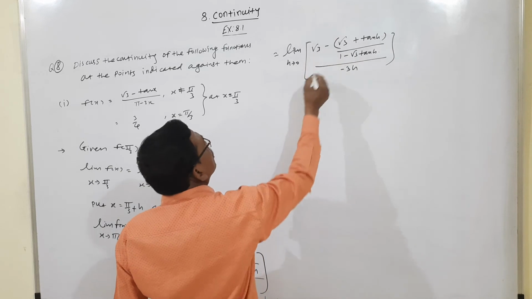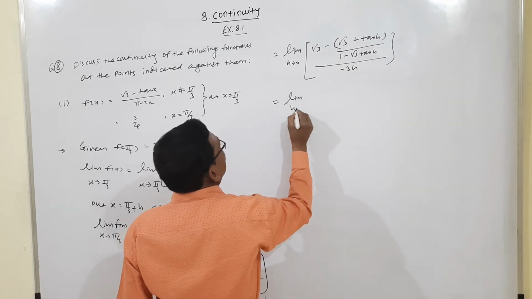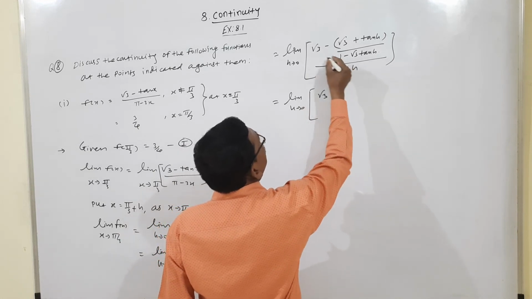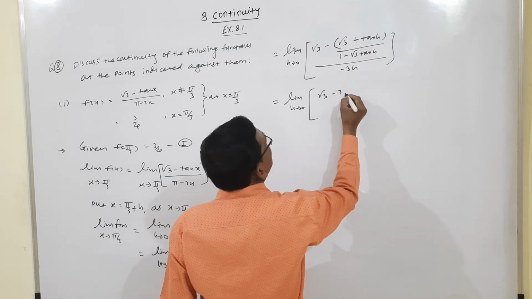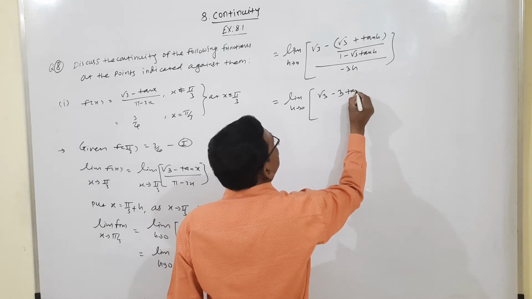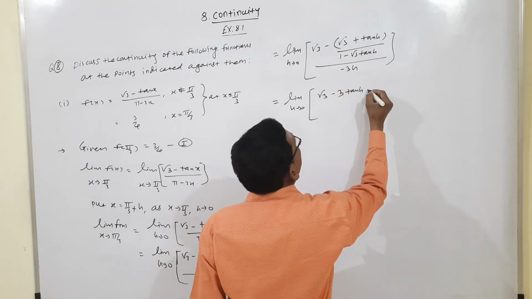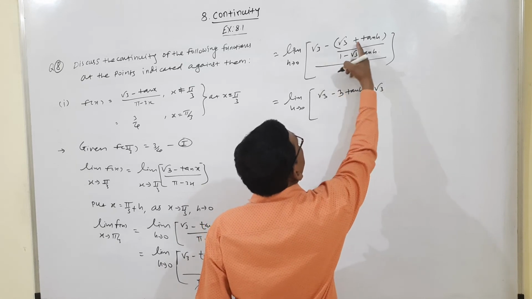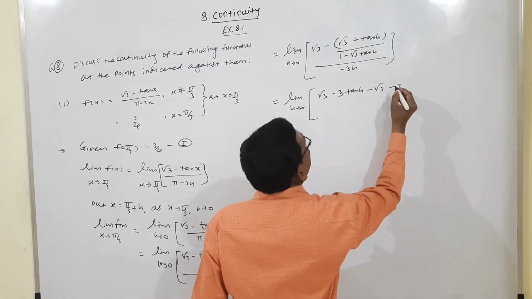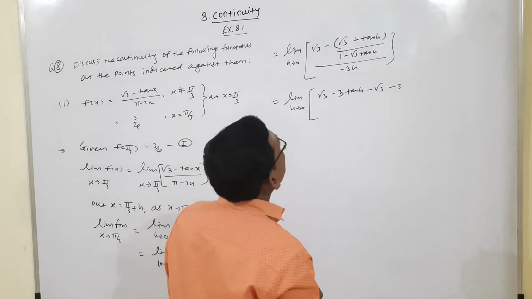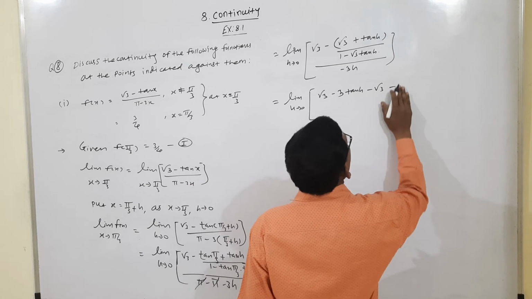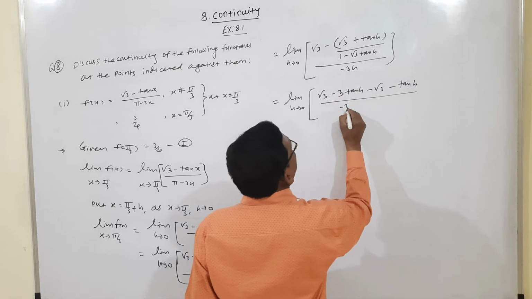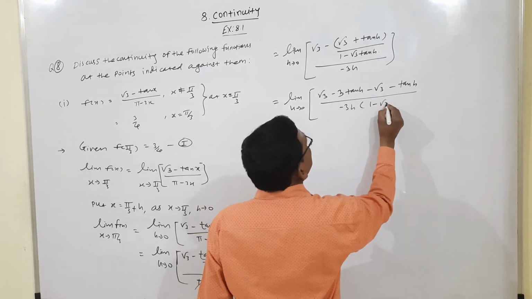Now cross multiplication here, h tends to 0: 1 into root 3 is root 3, then root 3 into root 3 is 3 tan h, and then minus root 3, and minus into plus is minus tan h only here, divided by minus 3h into 1 minus root 3 tan h.